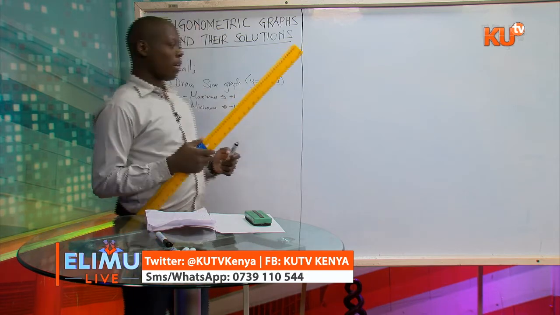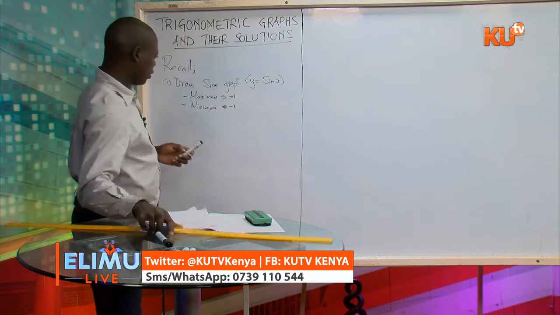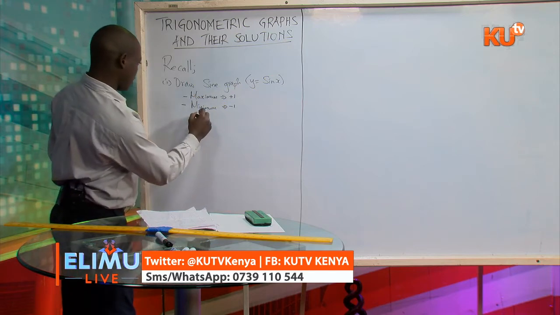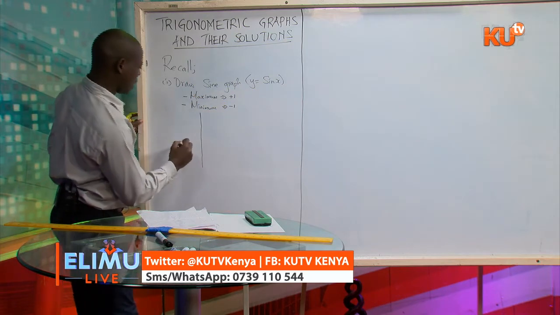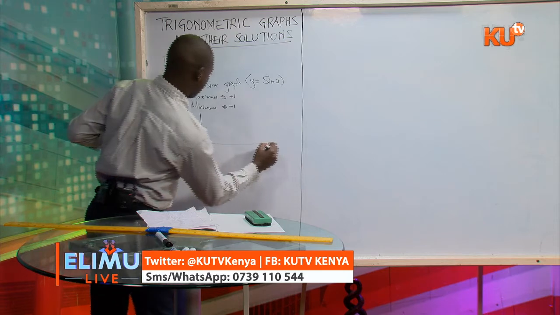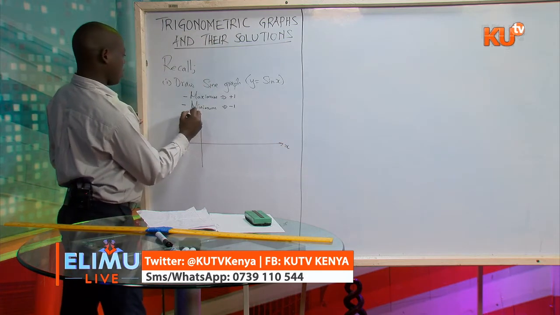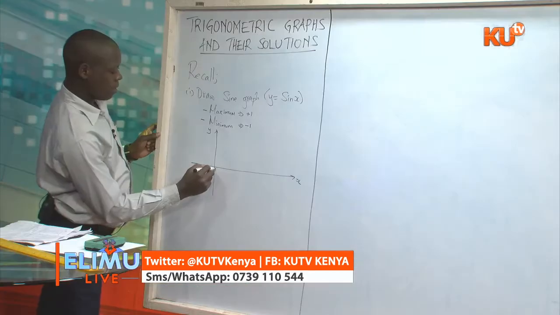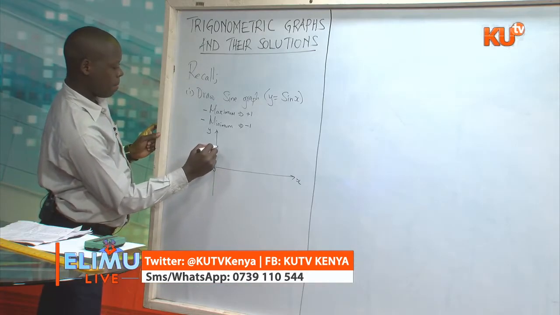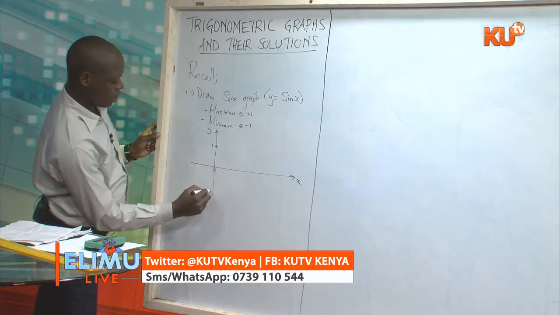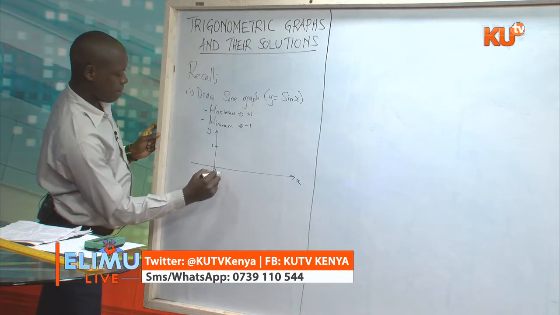Now, if I do a sketch of the sine graph, this is the x-axis, and then the y-axis, the point 0, and this is 1, this is -1.